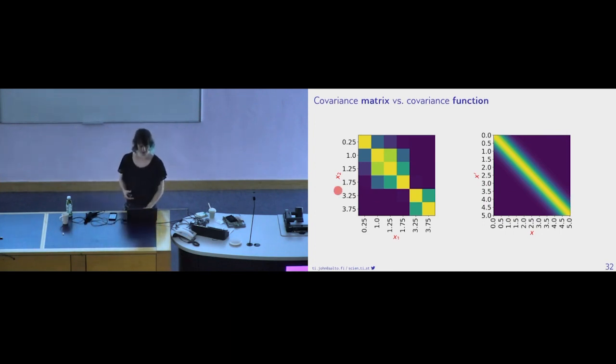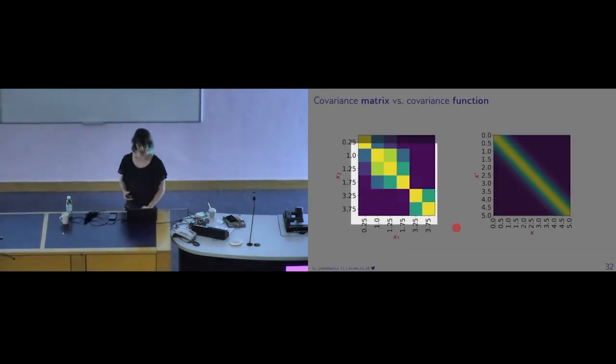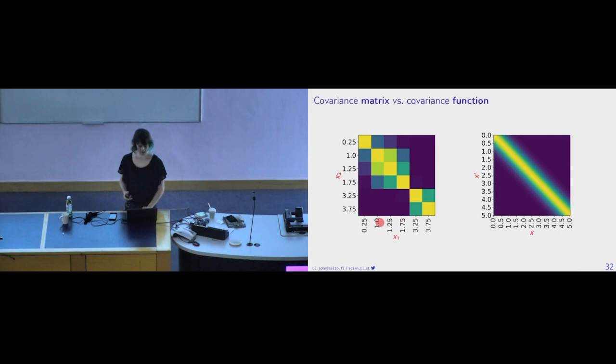If I think of how this covariance matrix fits in here, I basically just take this element, which is at 0.25, 0.25, and it goes through here, and I can do this for all the elements.